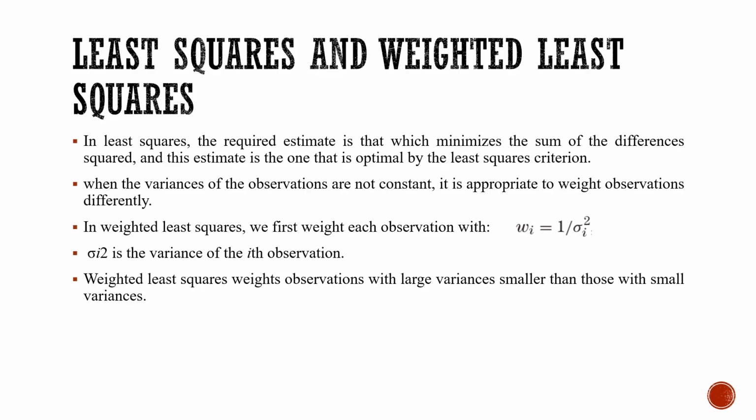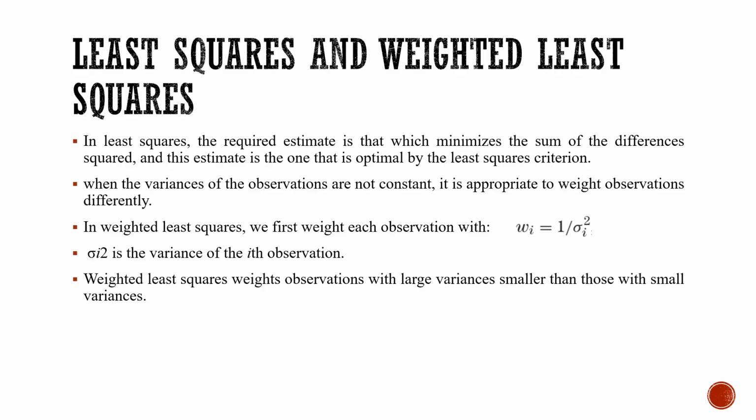To dive deeper into the differences between least squares and weighted least squares, we should know that in least squares, the required estimate is that which minimizes the sum of differences squared, and this estimate is the one that is optimal by the least squares criterion. However, when the variances of the observations are not constant, it is appropriate to weight observations differently.